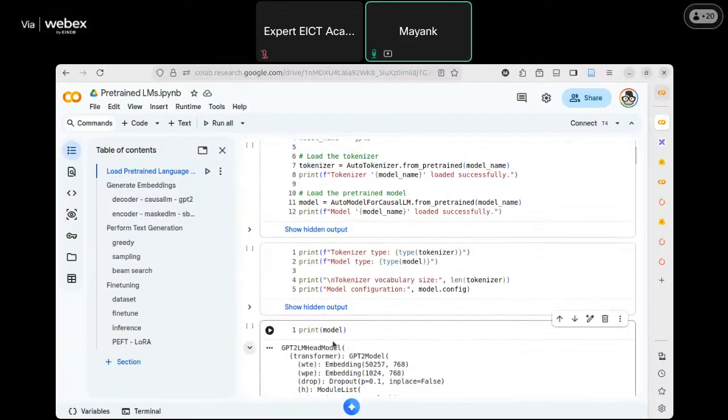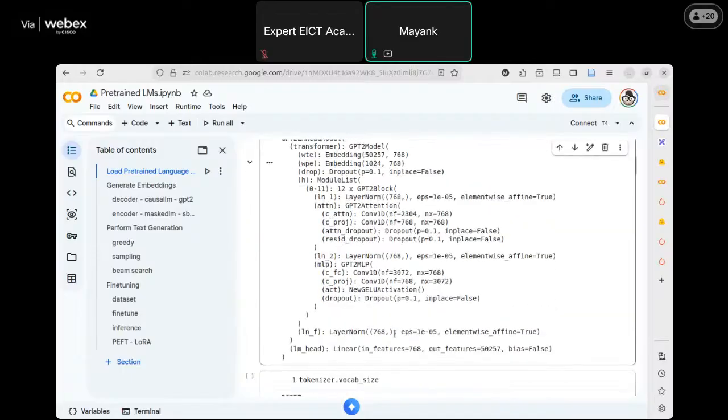And using the GPT-2 model, we saw how we can generate embeddings from it. We also discussed what embeddings really are. They are the output of the last transformer block. And using those embeddings, we can do many kinds of downstream tasks.